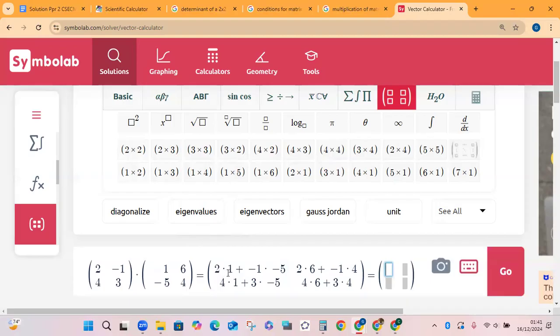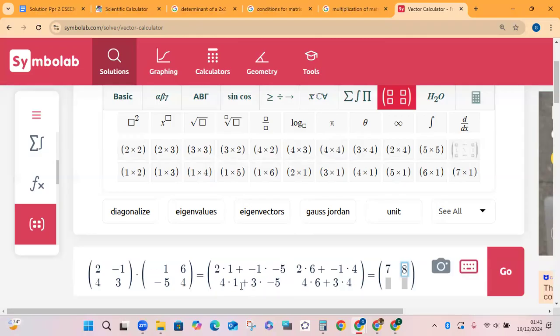2 times 1 is 2. -1 times -5 is 5. So 2 plus 5 is 7. 2 times 6 is 12. -1 times 4 is -4. So 12 take away 4 will give us 8. 4 ones are 4. 3 times -5 is -15.